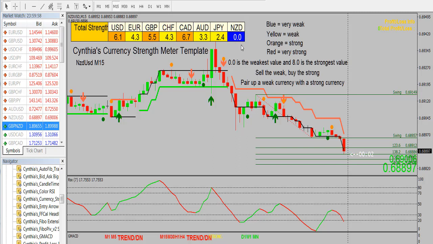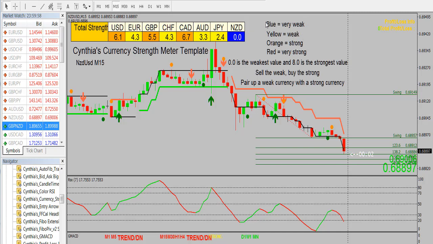If you're going to pair a very weak like the New Zealand blue at 0.0, if you were to see on here a red at 7.0 all the way up to 8.0, which is the strongest value, that's a move that usually is already seeing the most momentum, and the values are in an extreme, so the price action has already moved and maybe possibly coming upon a time where the trend or the momentum has started to fall off or decline, so the move might be over.